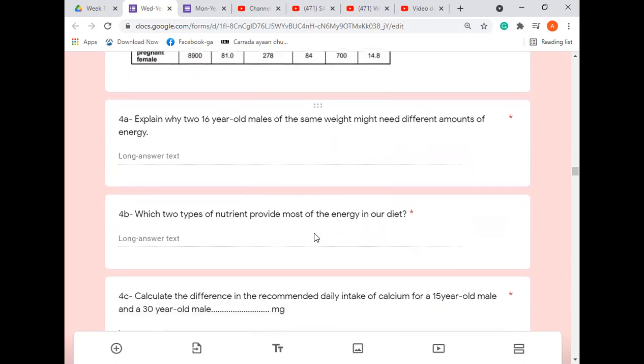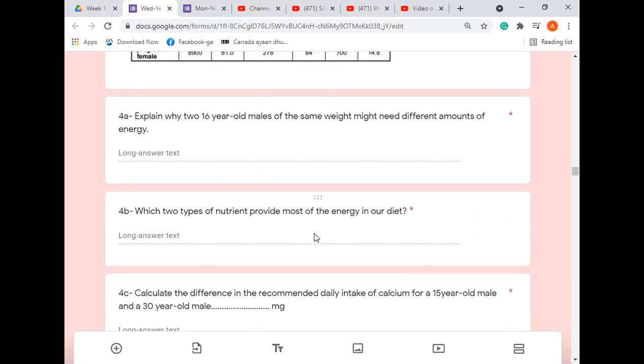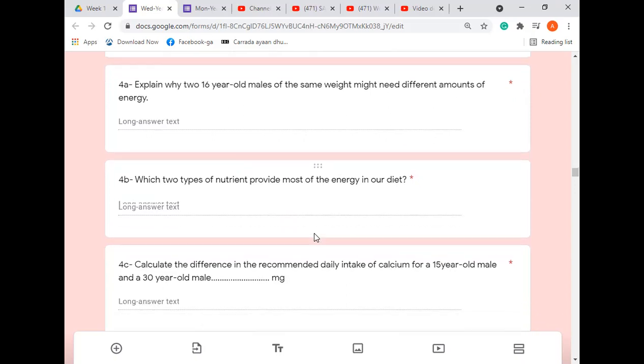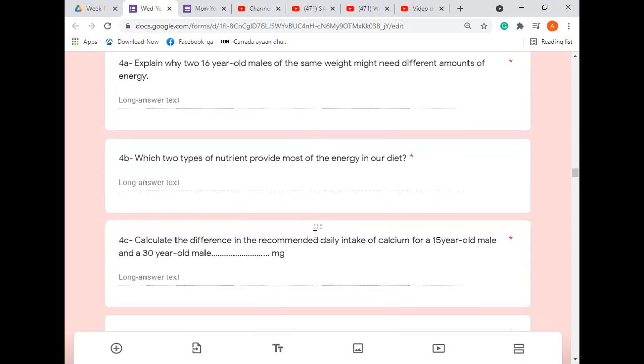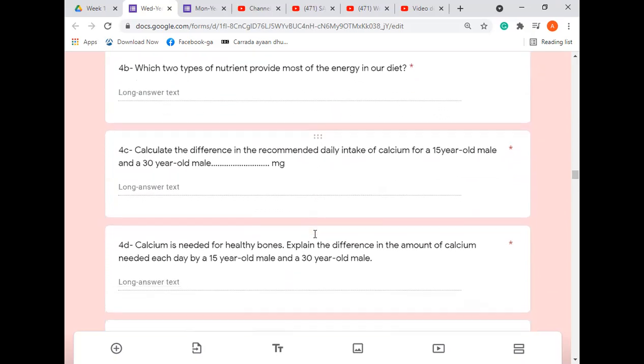Then explain scientifically which two types of nutrients provide most of the energy in our diet. Calculate the difference in the recommended daily intake of calcium for a 15-year-old male and a 30-year-old male.